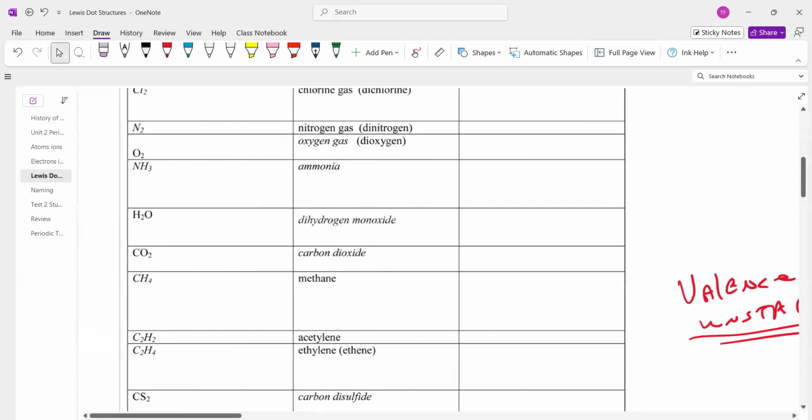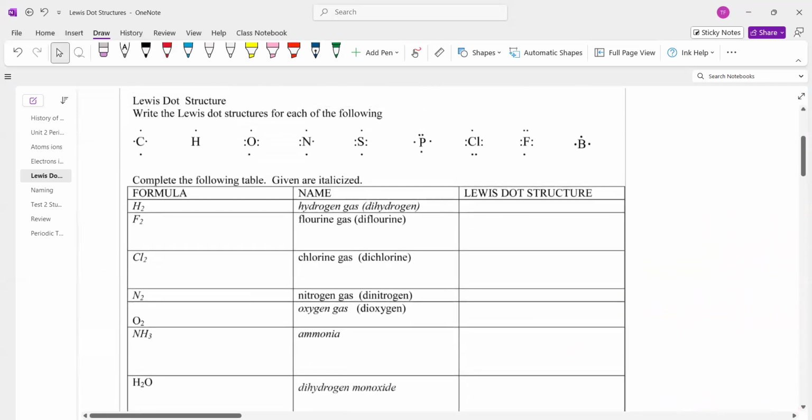So here's carbon, hydrogen, oxygen, nitrogen. Notice there are no noble gases there.